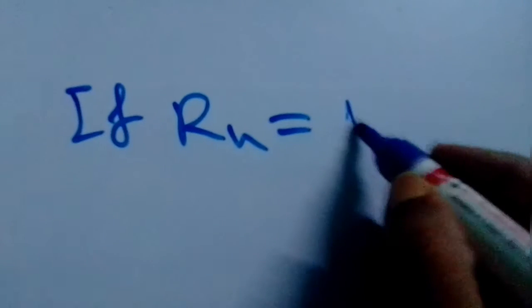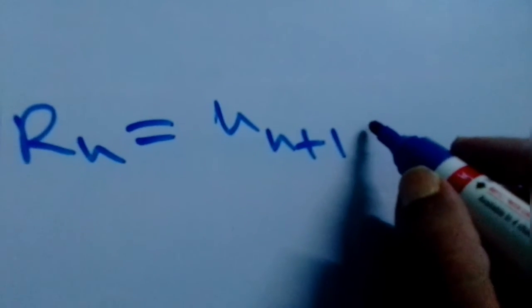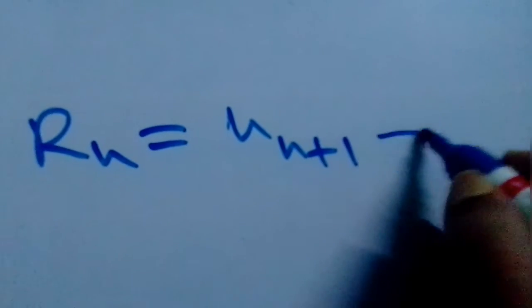Now we take the rth sum of the series, and how this rth sum can be found out. If we take the remainder term and write the notation Rn equal to u of n plus 1 after the nth term, then after the nth term we start with u of n plus 1, then u of n plus 2.